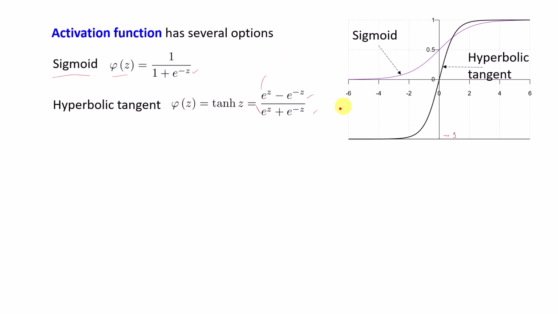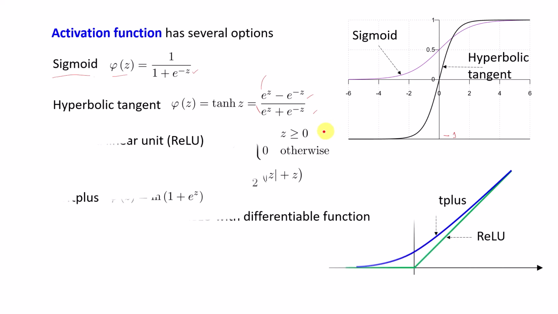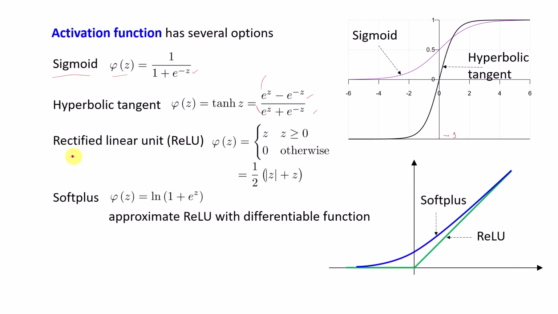So these are one class of activation functions. There are other classes as well. Another important class is the rectified linear unit activation function. In the positive direction, it will give linear; in the negative direction, it will give 0. Which means that phi of z is equal to z if z is greater than 0.